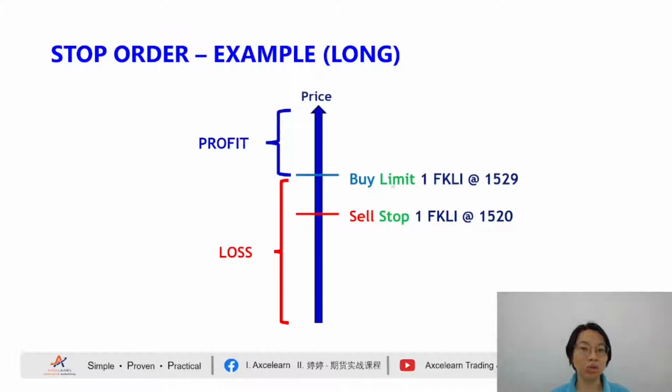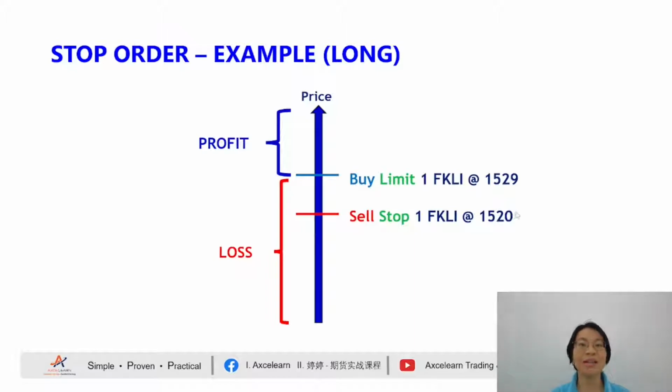If the market starts to drop, once it reaches 1520, my stop order will be triggered. First keyword, triggered. It will be sent to the market. It will give me the next best available price. So only upon reaching 1520 will my stop be triggered, then it will be sent to the market and give me the next best available price.